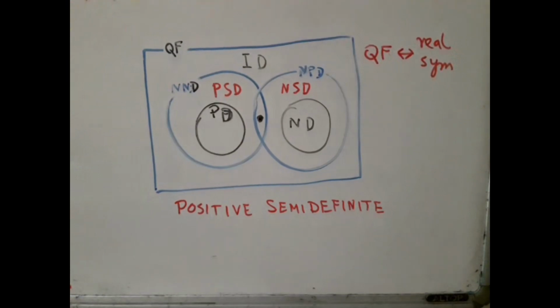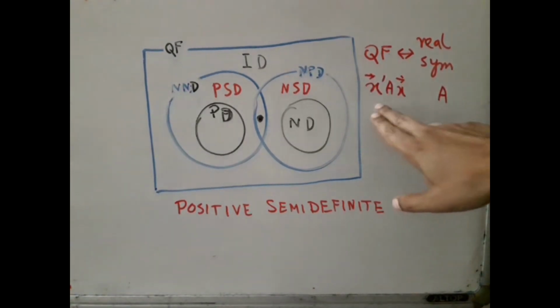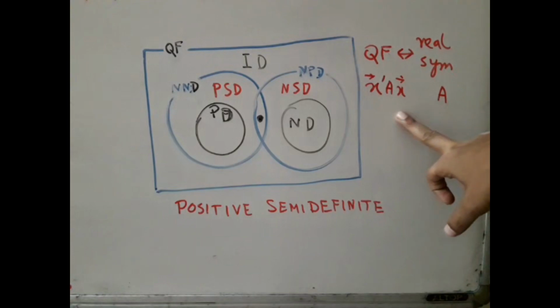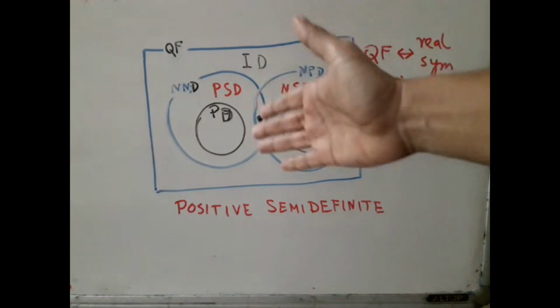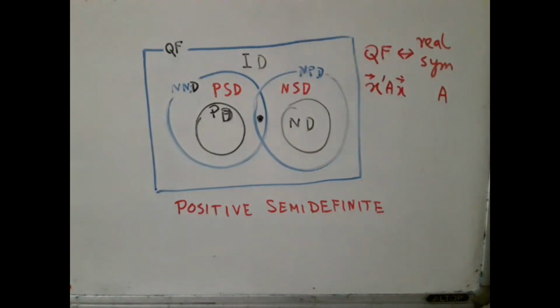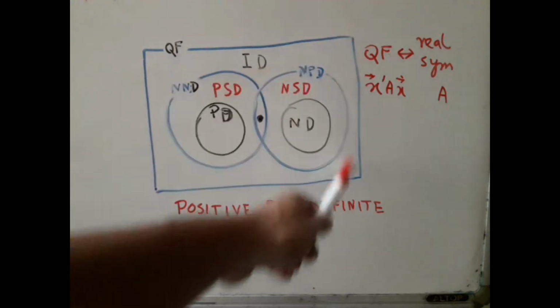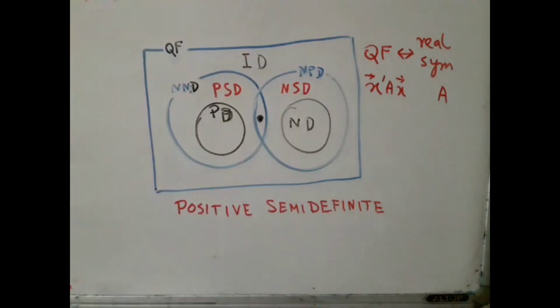Now recall that every quadratic form has associated with it a unique real symmetric matrix, and given any real symmetric matrix, I can obtain a quadratic form. So any property of the quadratic form X transpose AX is basically a property of the matrix A. So whatever description I have given applies directly to real symmetric matrices. So I can say this is the set of all real symmetric matrices.